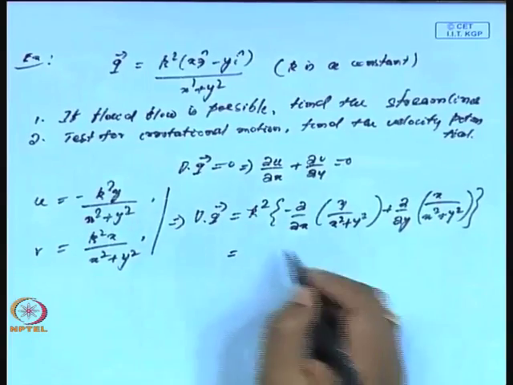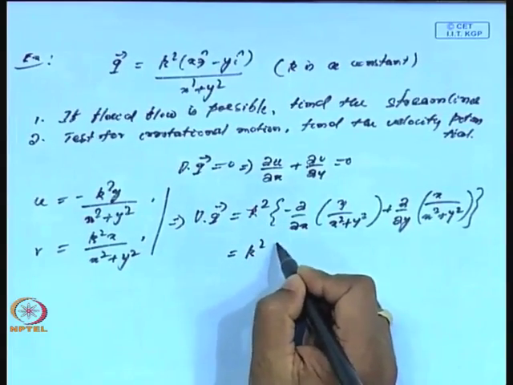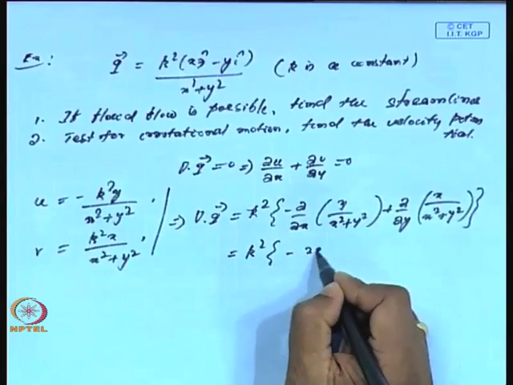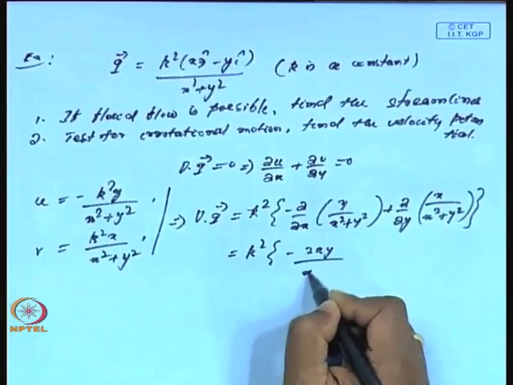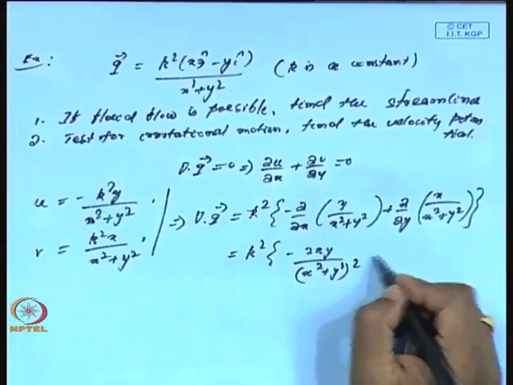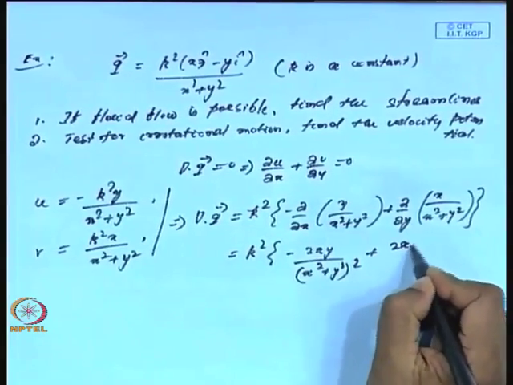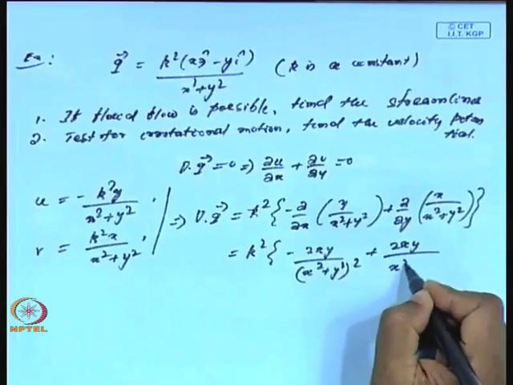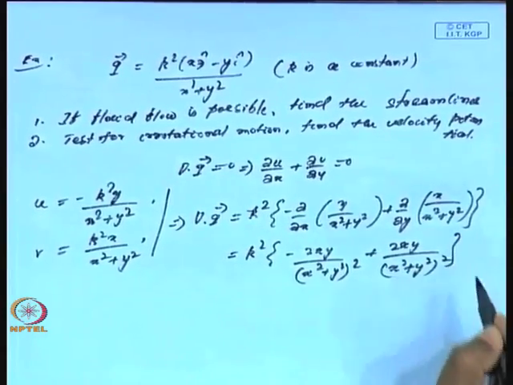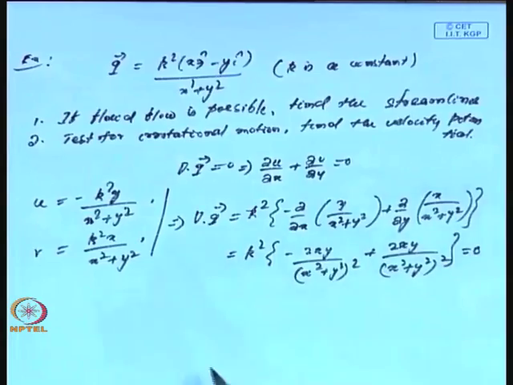This gives k square times minus 2xy by (x square plus y square) square, plus 2xy divided by (x square plus y square) square, and that gives us 0.